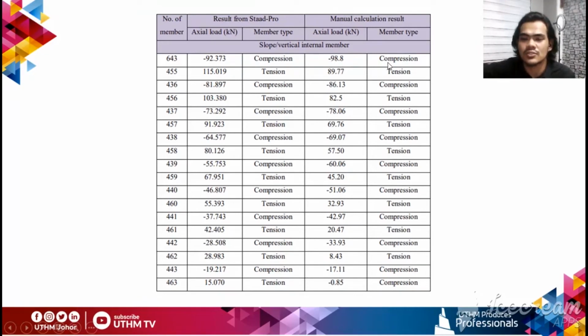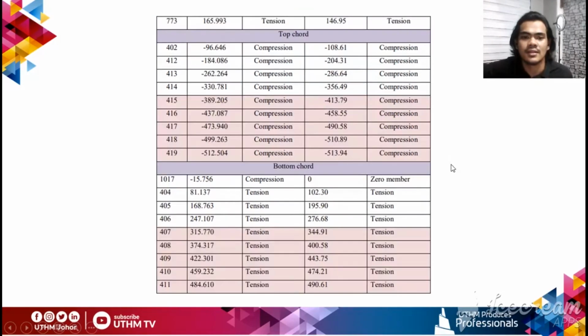So it is acceptable, and all members are the same type, which is if STEPRO is compression, then manual calculation is also compression. And then these are the 5 critical members, which we select by the highest force.